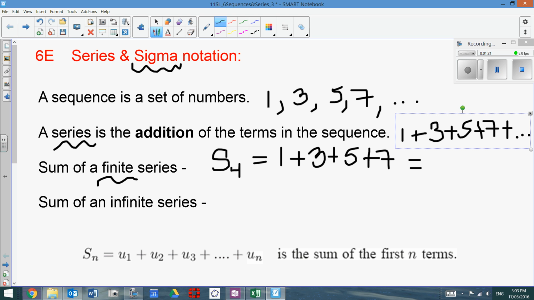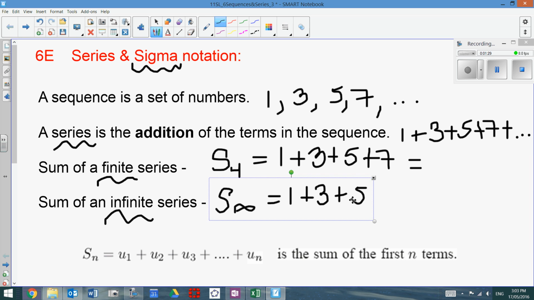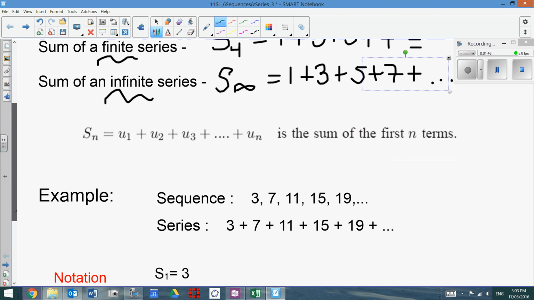But if you have an infinite series, then I want to add 1 plus 3 plus 5 plus 7 plus, going on to infinity. So I'd be looking at whether this sum converges or diverges. Does it just keep going to infinity? Right now we're going to focus our attention on the finite series.